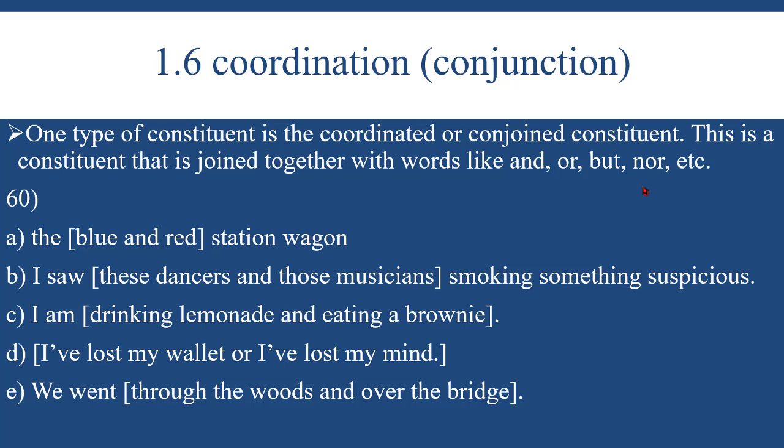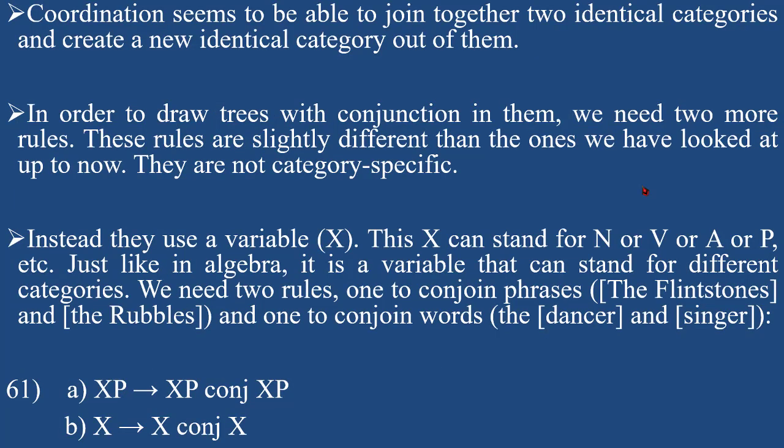How do syntacticians account for these coordinative conjunctions? Using a tree diagram and base rules. So we're going to see. So coordination seems to be able to join together two identical categories, right? So this category should be identical, otherwise there is no conjunction. And create a new identical category out of them.